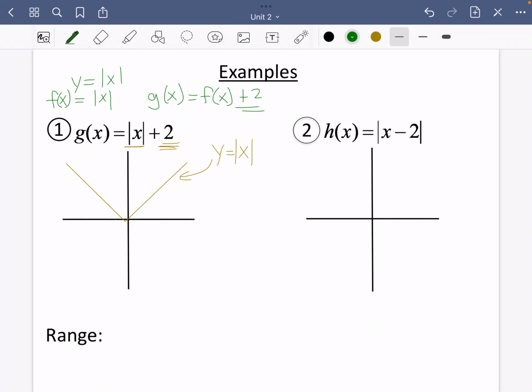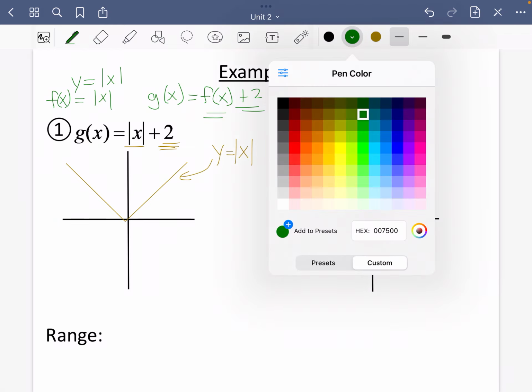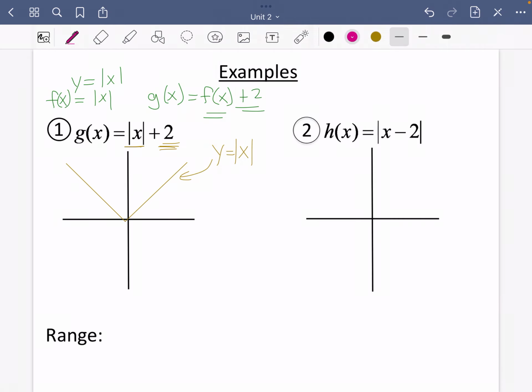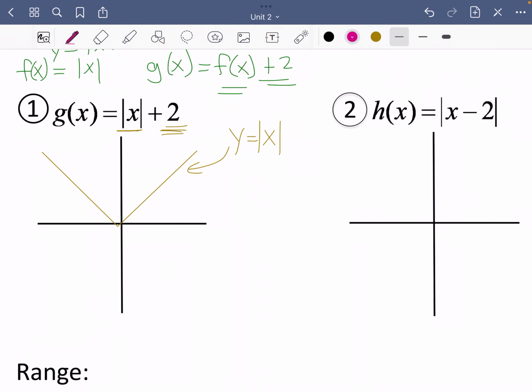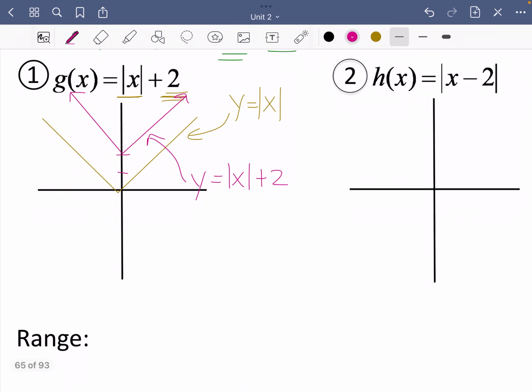And that plus 2 is happening on the outside of that absolute value. So this should be shifting it all up 2. If we wanted to draw our graph, every single point is going to go up 2. And so this graph right here is y equals the absolute value of x plus 2.